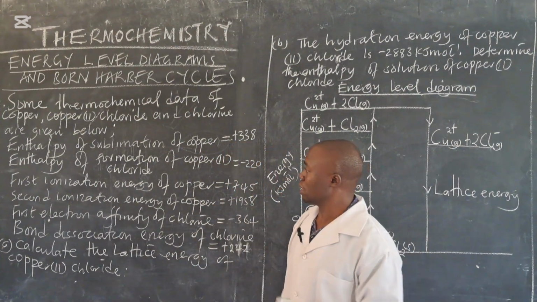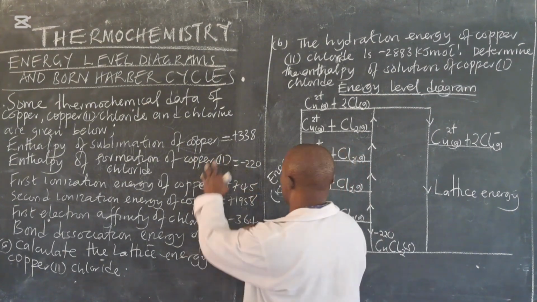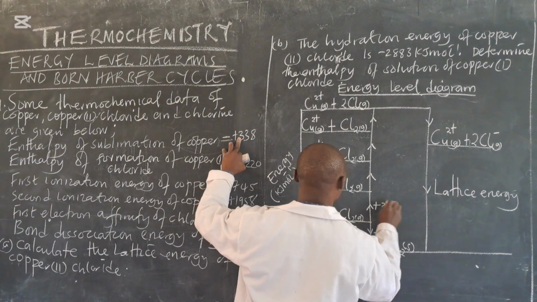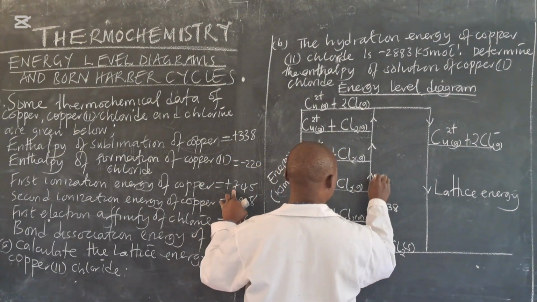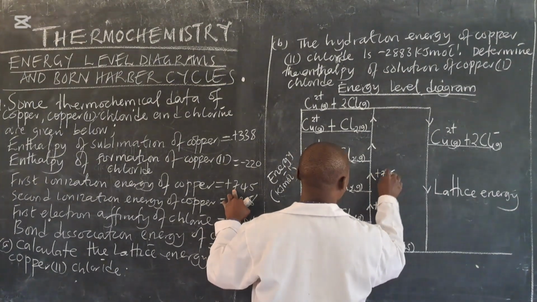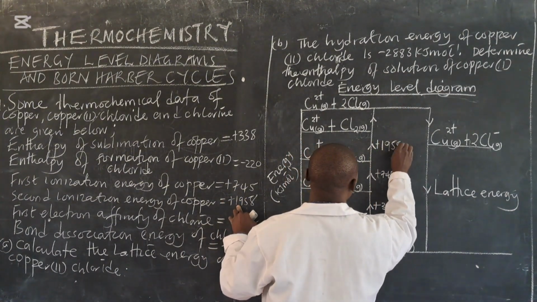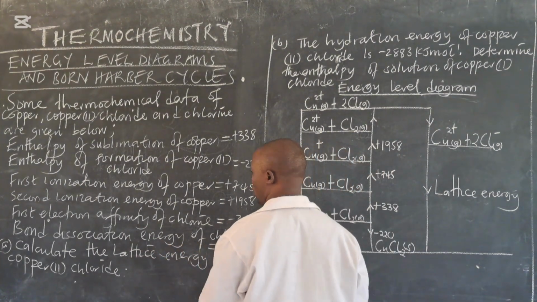Now let's look at what the question has given. Sublimation of copper is plus, so this is positive 338. First ionization energy of copper is plus 745, include these signs. Second ionization energy 958. Now we look at the bond dissociation energy of chlorine.